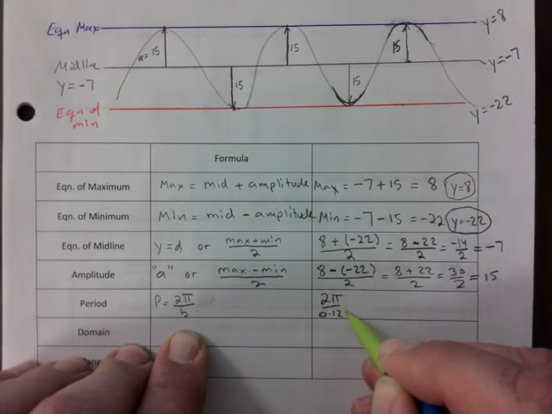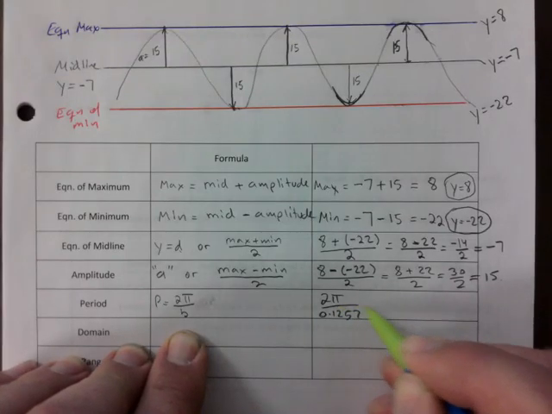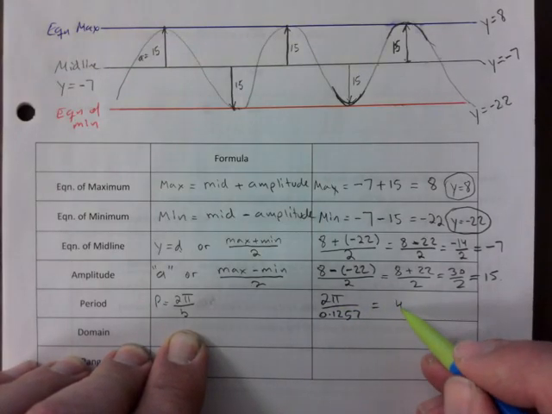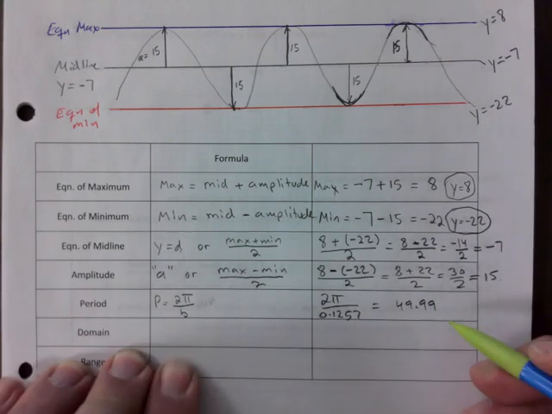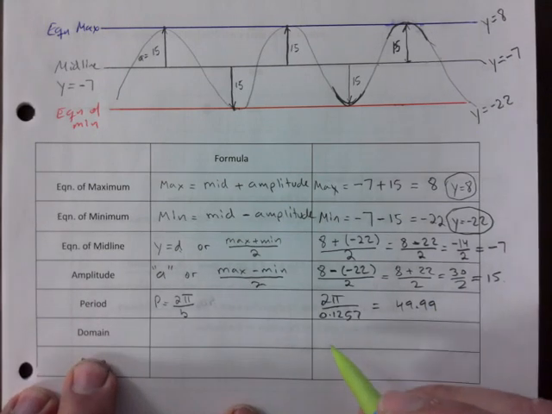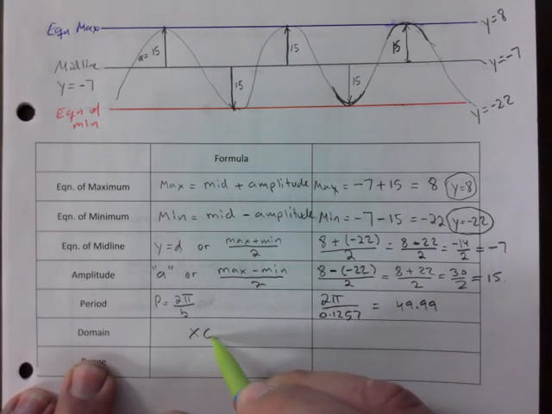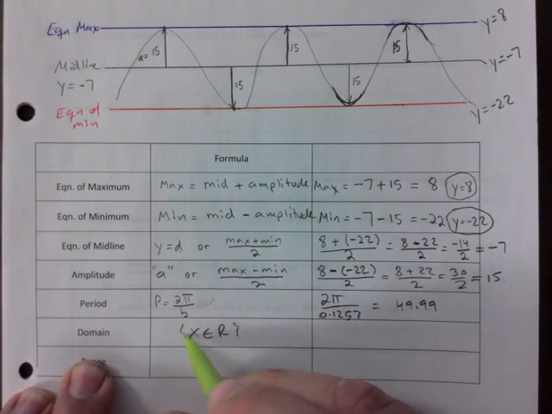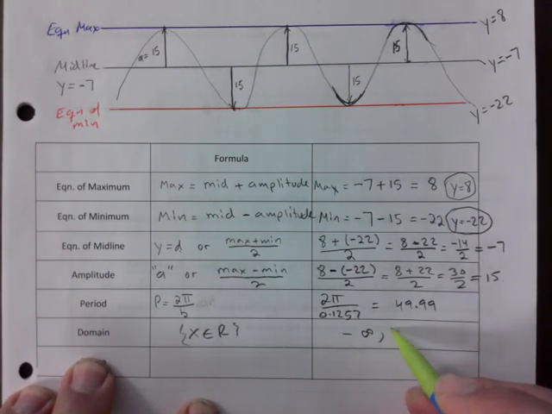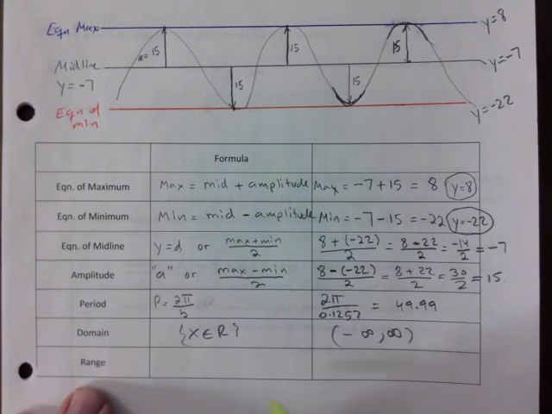Let's just copy it down one more time, which is 49.99. We know that that's our period. Our domain is, let's go set notation here, interval notation here. Our range is, what is it going to be here?